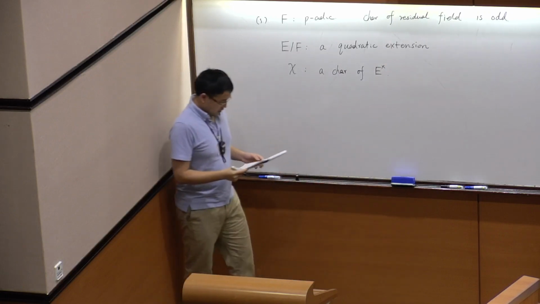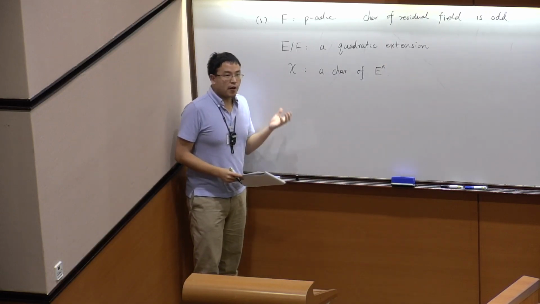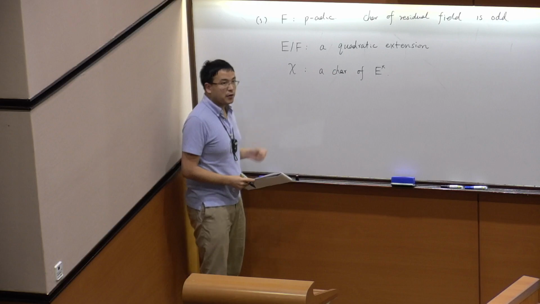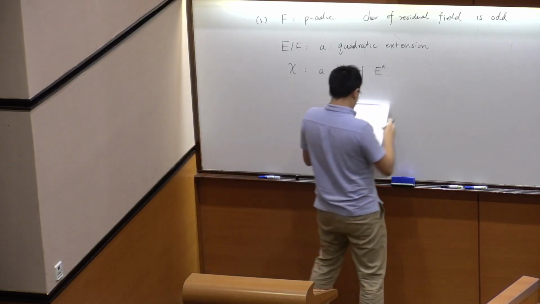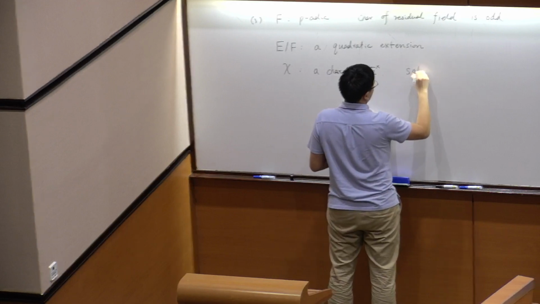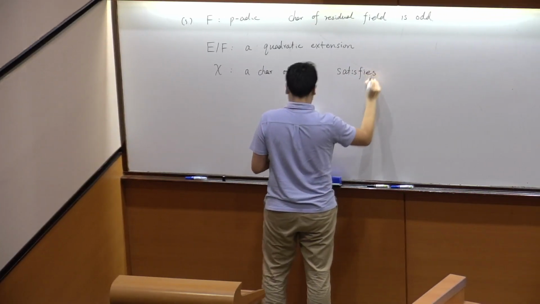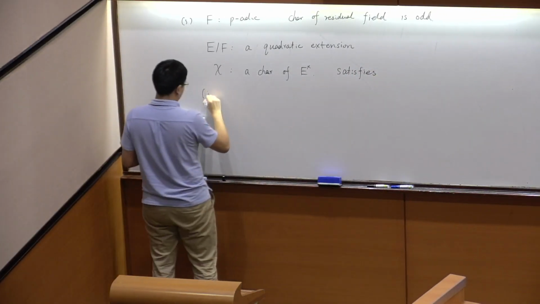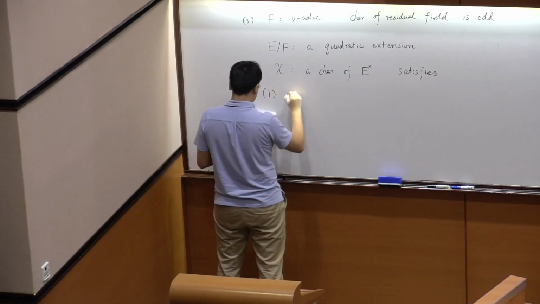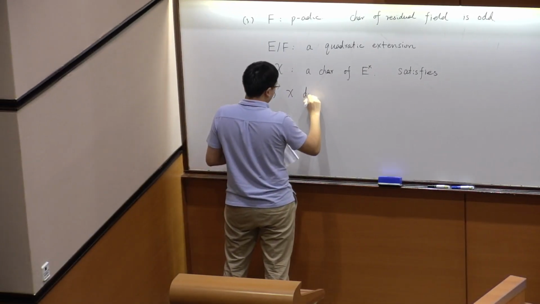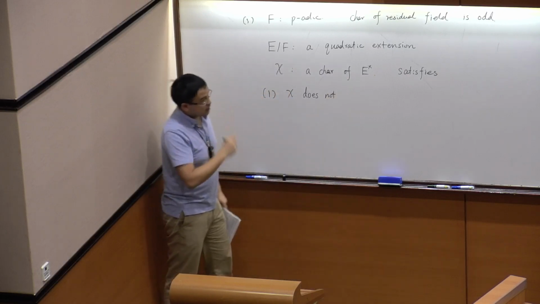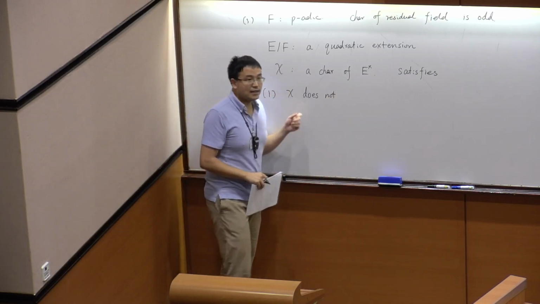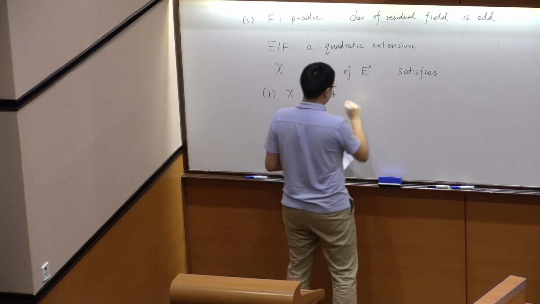And I don't need all the characters. I want to specify some particular characters. So I need chi to satisfy the following conditions. In order to get the irreducible representation, I need chi not to factor through the norm map.